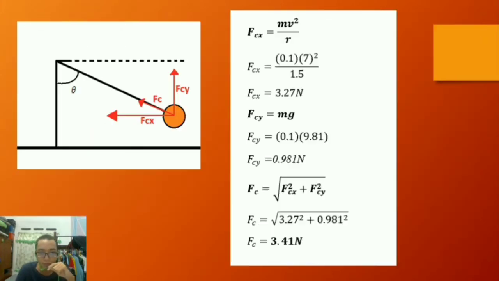So we need to determine FCY and FCX. We know that FCX is equal to FC, which is mass times acceleration, and FCY is equal to mass times gravity, which is the weight of the object.